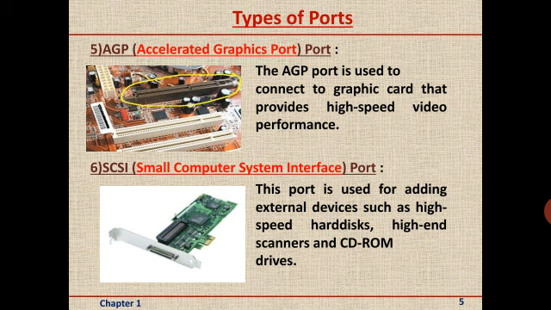This port is used for adding external devices such as high-speed hard disk, high-end scanners, CD-ROM drives, etc. It does fast data transfer and I/O operations. These ports are expensive because they provide faster access at a very high speed.